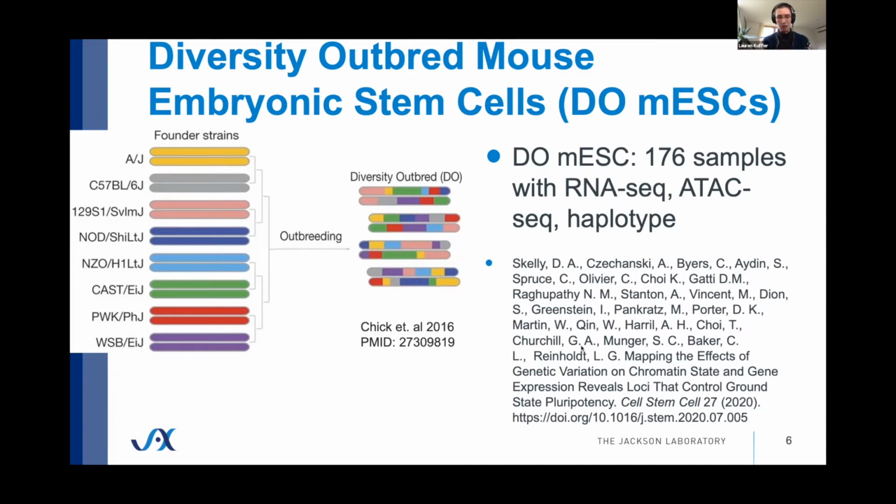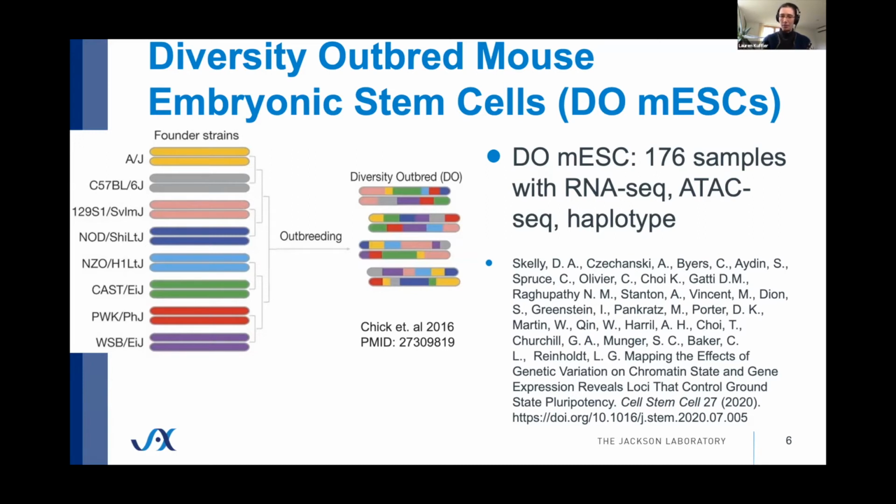So these are similar to the Collaborative Cross mice that were mentioned earlier today, but these are outbred heterozygous populations of unique individuals rather than a set of homozygous strains coming from these 8 founders.